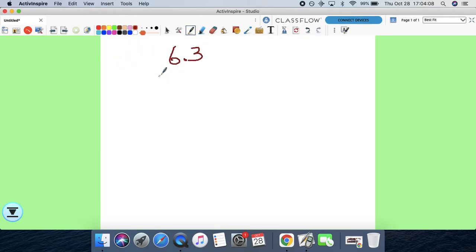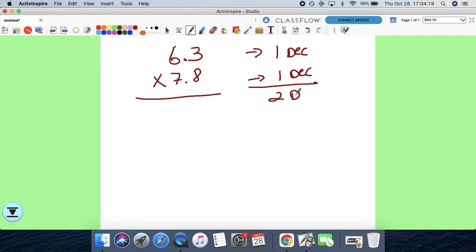13. 6.3 times 7.8. This one has 1 decimal place. This one has 1 decimal place. So the total of 2 decimal places now. So my answer has to have 2 decimal places. 8 times 3, 24. Carry the 2. 8 times 6, 48. Plus 2, 50. Now I change colors. Let's do the 7.